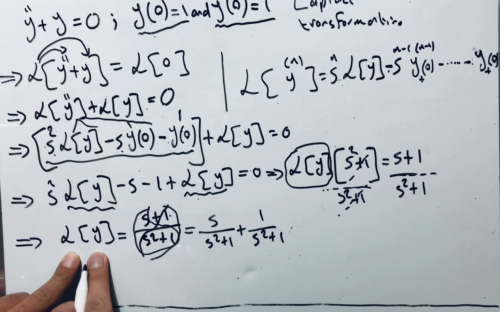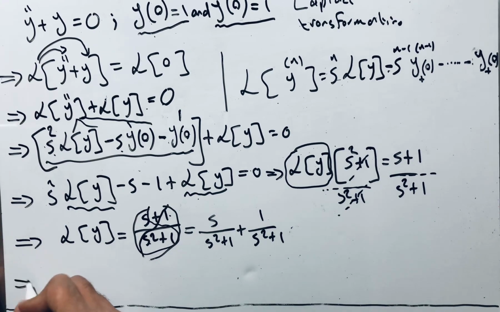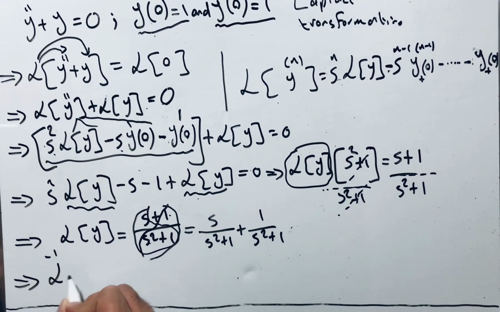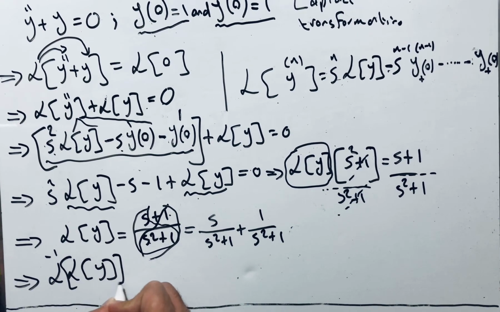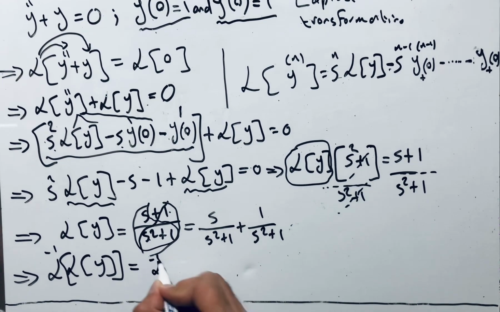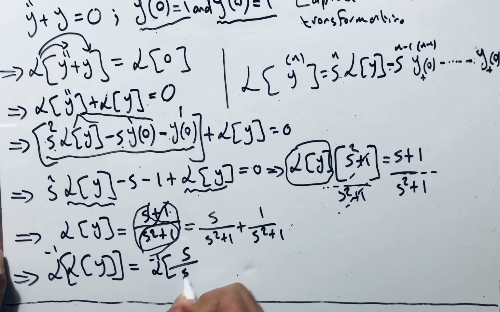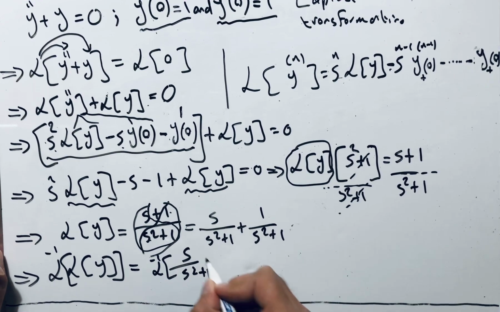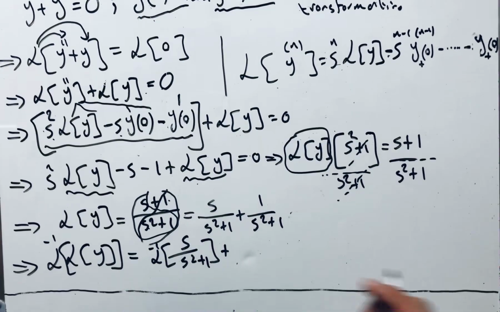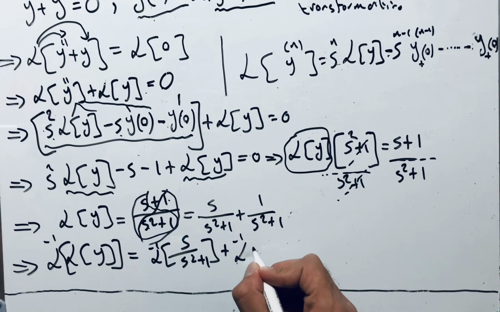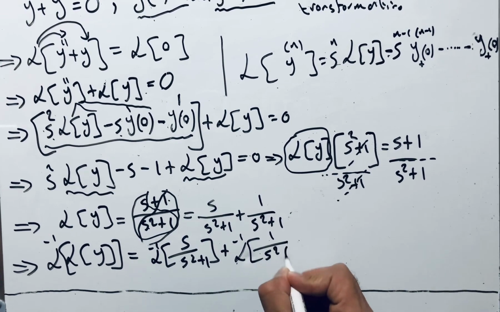If we take the inverse Laplace transformation of this, we're taking the inverse Laplace operator for both sides. So the inverse Laplace of s over s squared plus 1, plus the inverse Laplace of 1 over s squared plus 1.